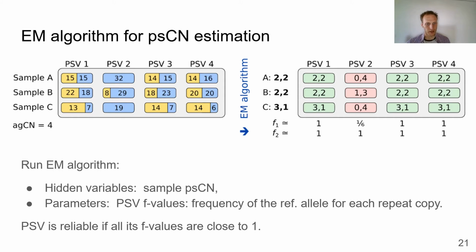We want to identify paralog-specific copy number for all samples, and we also want to find reliable PSVs. We defined F values, the frequency of the reference allele for each copy. And what is important to understand is that if a PSV is reliable, all its F values will be close to 1. So in this example, PSV2 has F1 not close to 1 because it's unreliable.